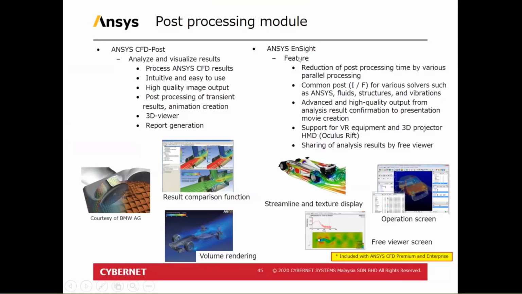And Ansys EnSight is a general purpose post processor, and I think this is the most advanced post processing tool in Ansys. So you can use this post processor if you need more advanced post processing functions, or if you want to post process results from a non-Ansys CAE tool.